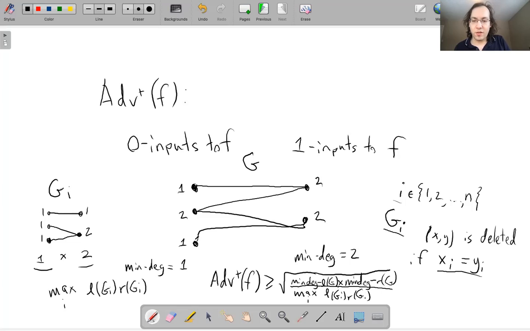And all of that is under a square root. Okay, so it looks kind of complicated.